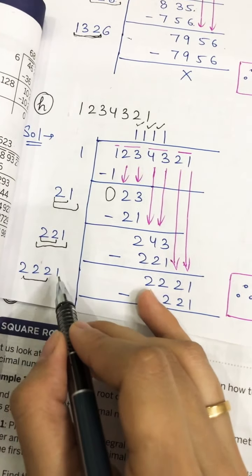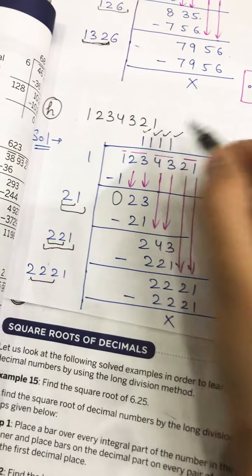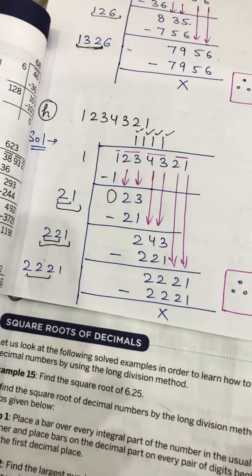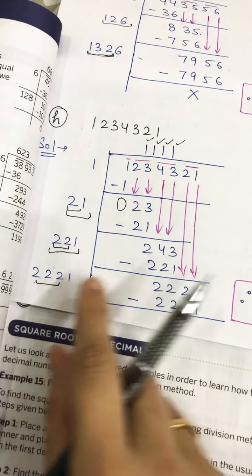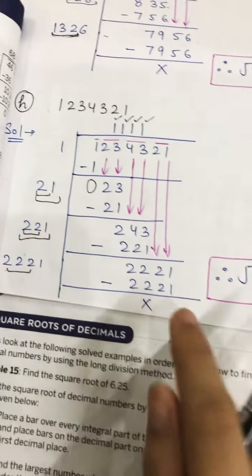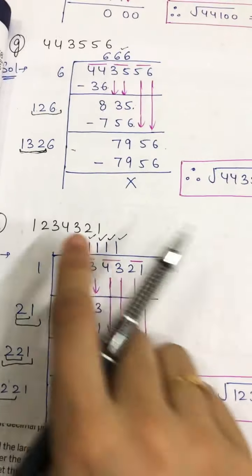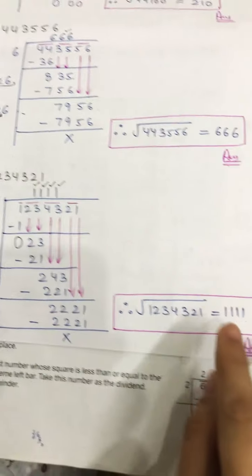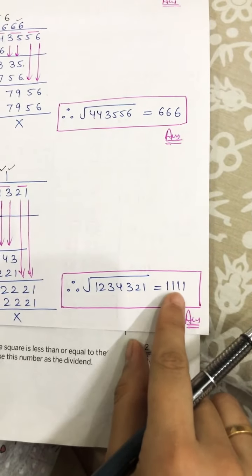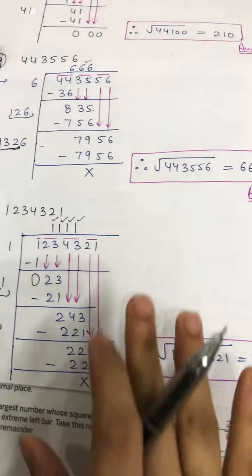So I'll write 1 here and next 1 here. So 2221 multiplied by 1, I'll get 2221. So now the square root of this question is 1 1 1 1. So this was the last part.